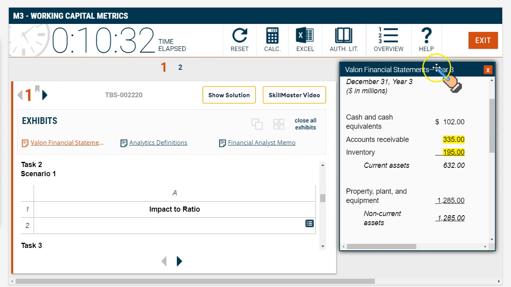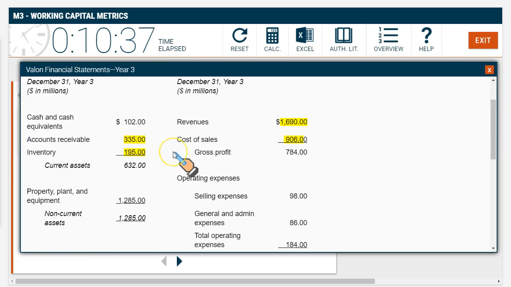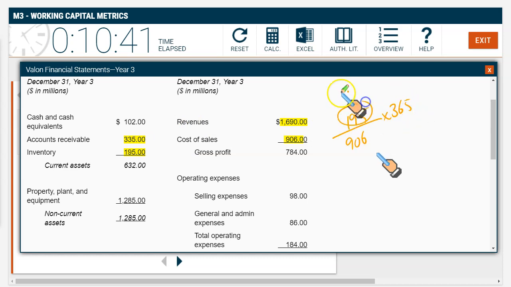Now, let me show you that it will have absolutely no impact whatsoever. Just take, for example, your inventory turnover days. We calculated it with 195 and 906. That was 195 upon 906 times 365. If we increase the numerator by 5% and the denominator by 5%, it will have no impact on the ratio whatsoever. You can do it. Increase 195 by 5%, do the same with the 906 and divide the results.